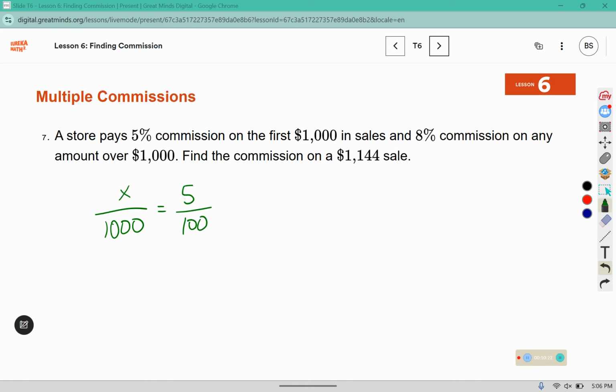Then any amount over that, they earn 8% commission. This is $144 over 1,000. So we're going to get 8% on $144.